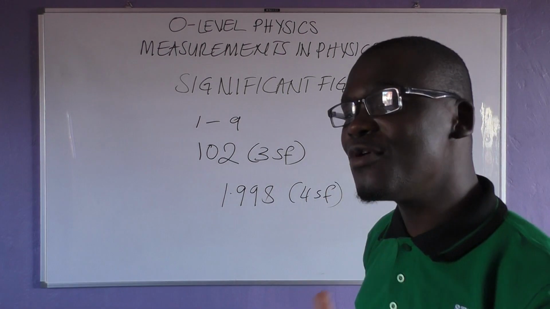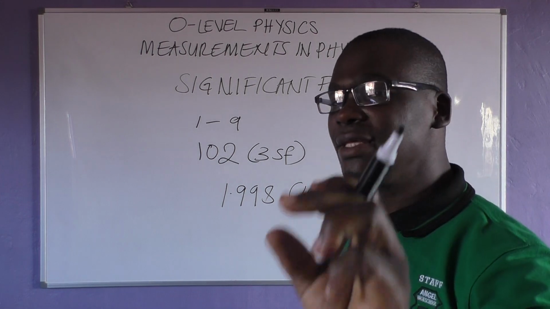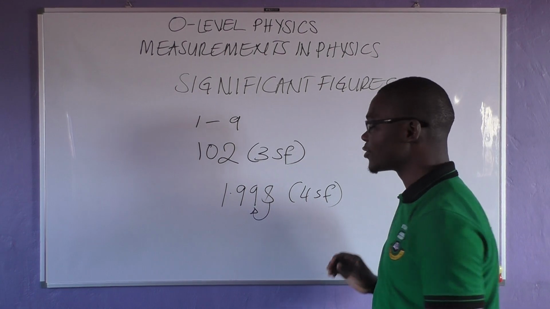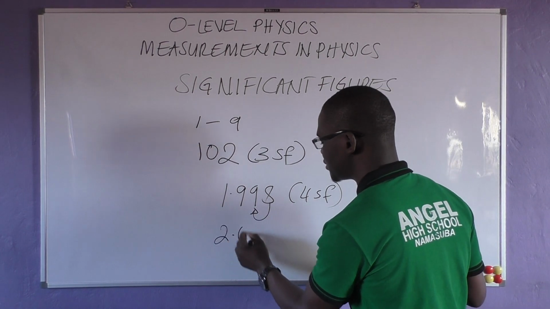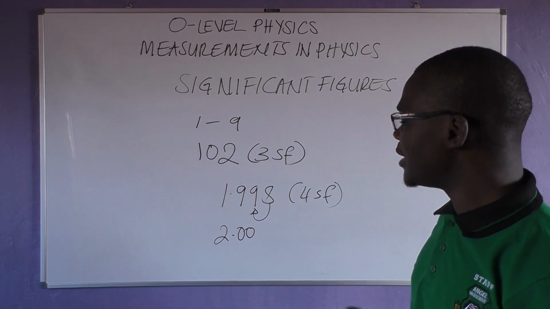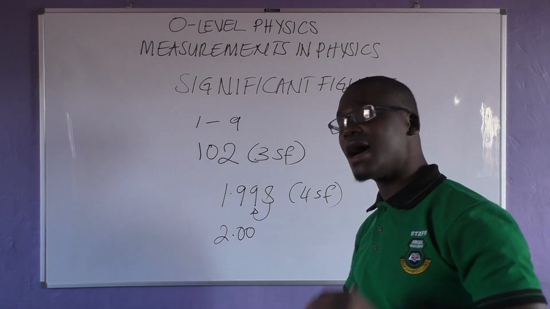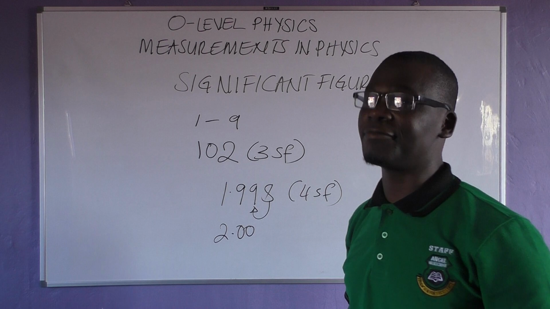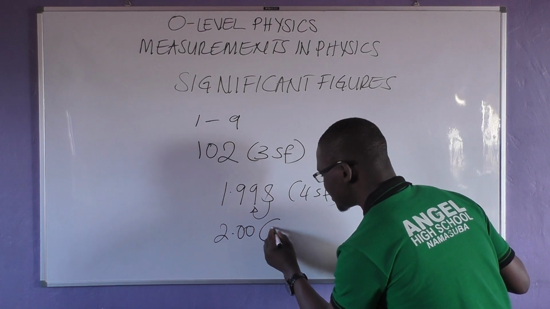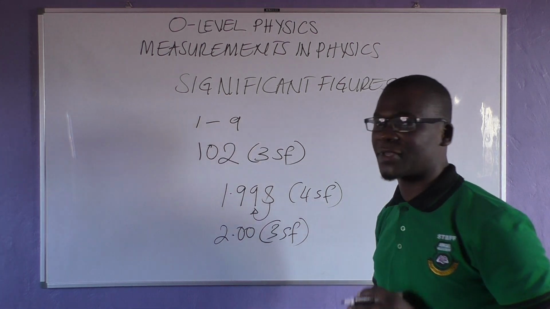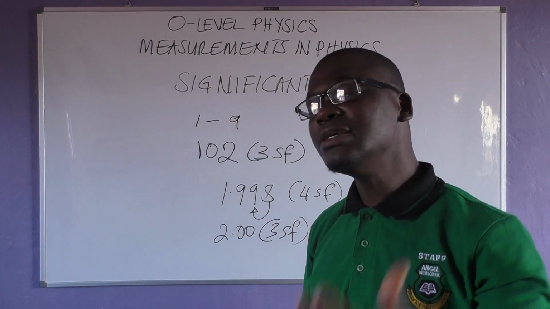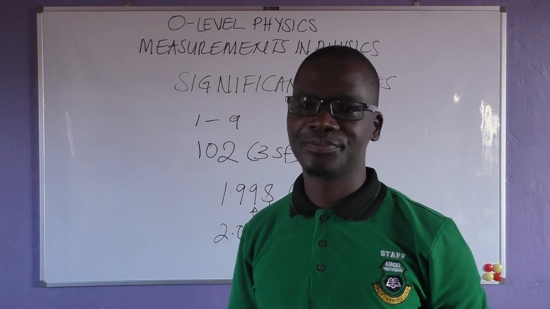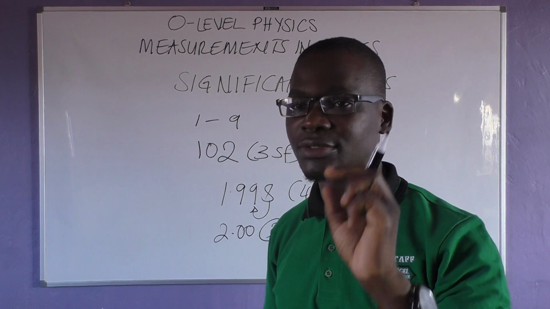But if I round off to 3 significant figures, I will get 2.00. Since the zeros are as a result of rounding off, they are considered significant. So this one is 3 significant figures. So the trailing zeros that are as a result of rounding off are significant. That is our third rule.